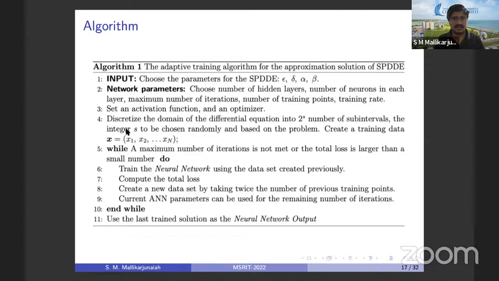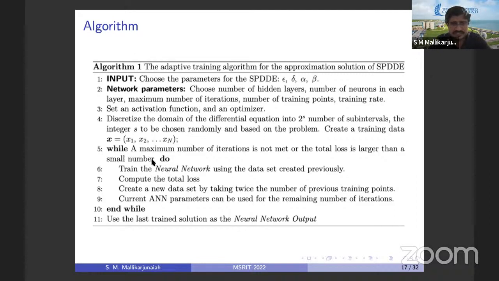Okay, in the first instance, and then create the training data, which means this is the vector of data points between 0 and 1. Then our algorithm goes into a loop.